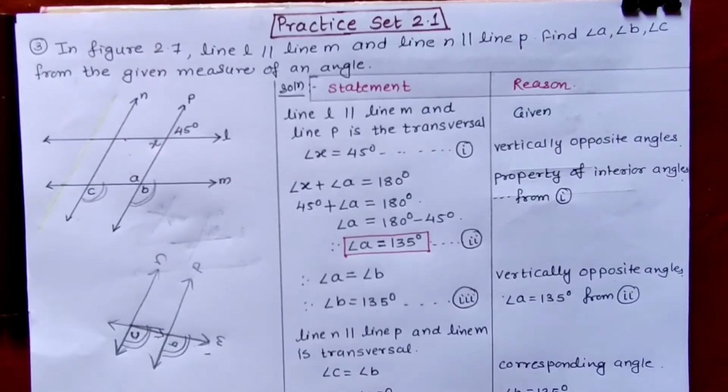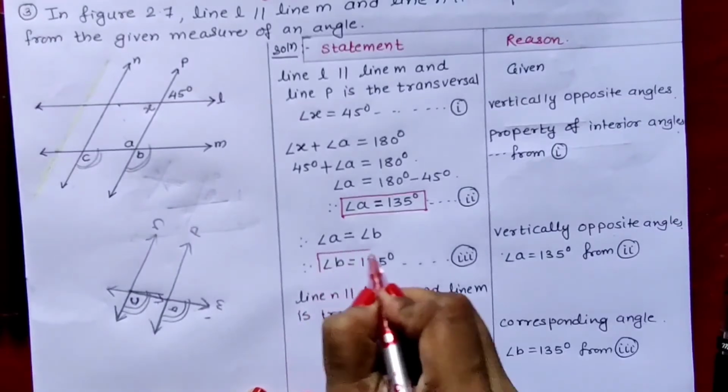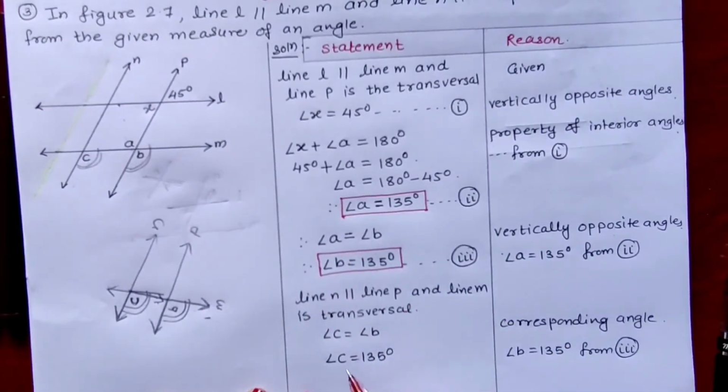Reason is B is 135 from equation number 3. In this way, all these three answers we have got. A is 135, B is also 135, and C is also 135.